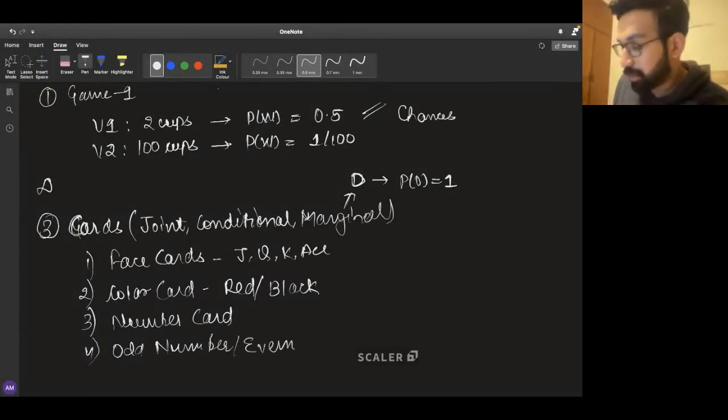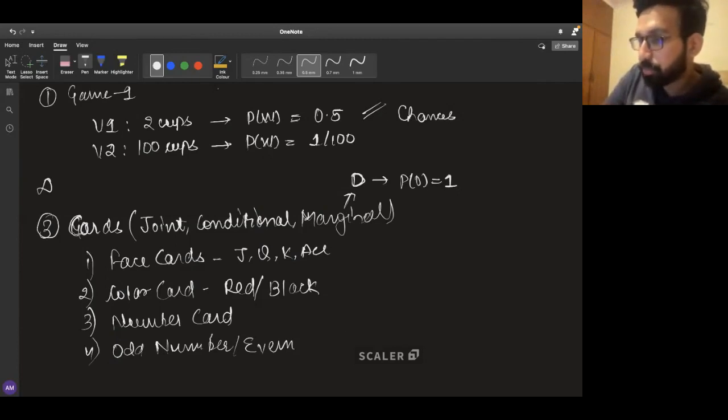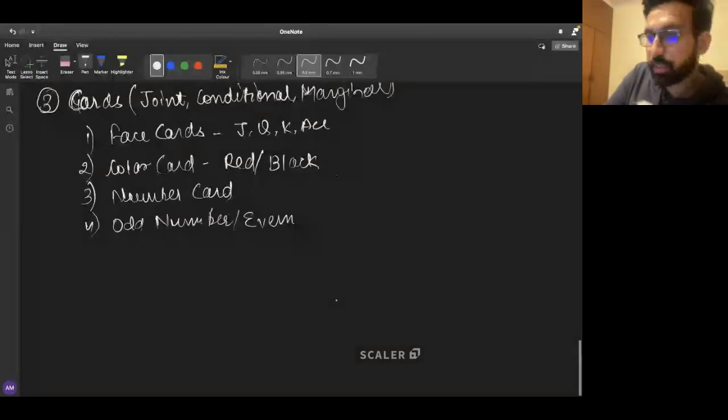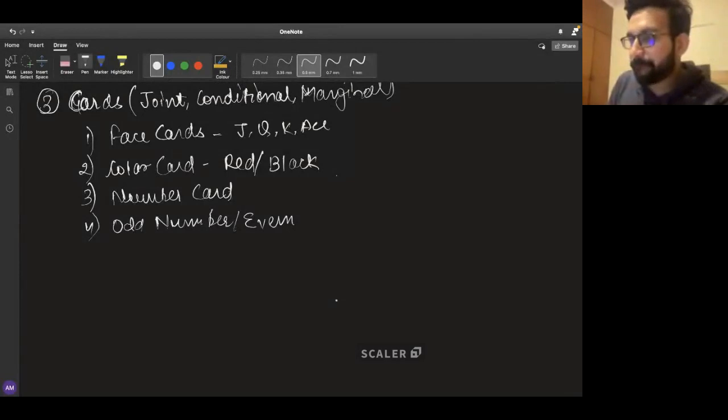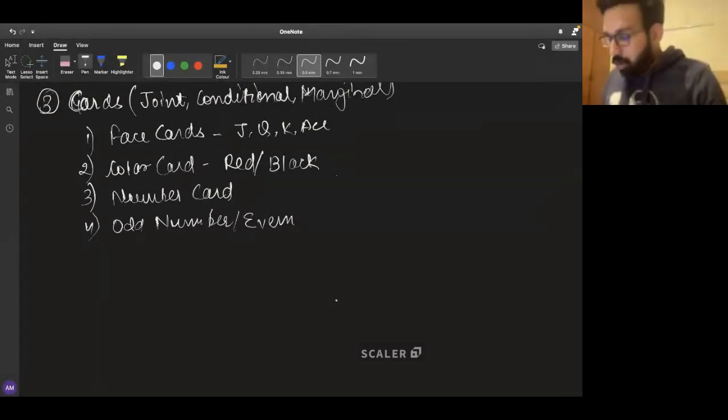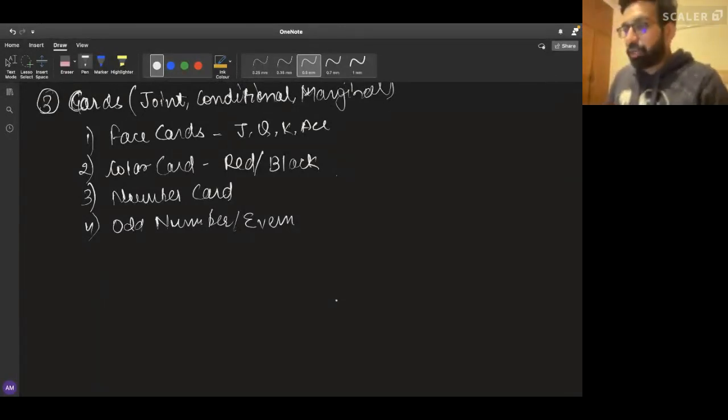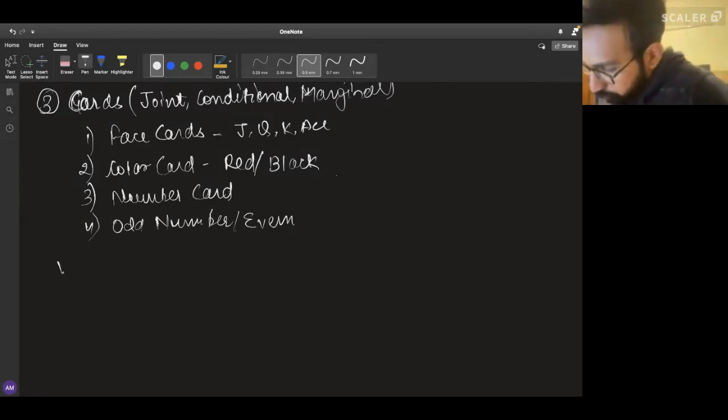And that's all you can essentially choose from. So you and your friend decide to bet upon certain things. Let's say you bet that it will be a red card.